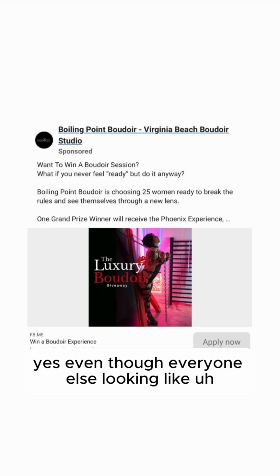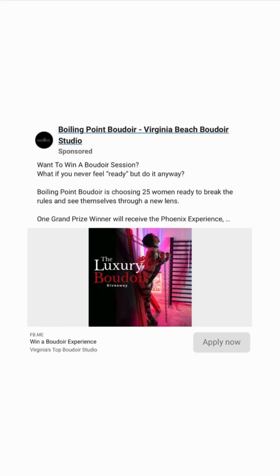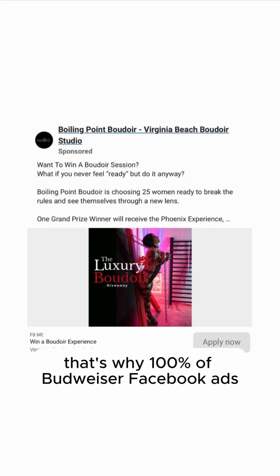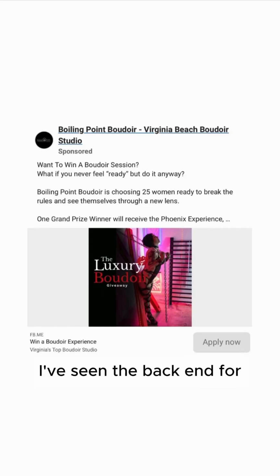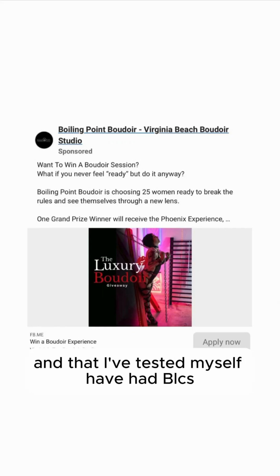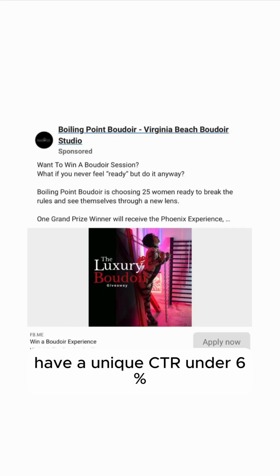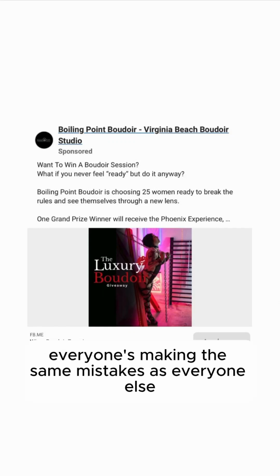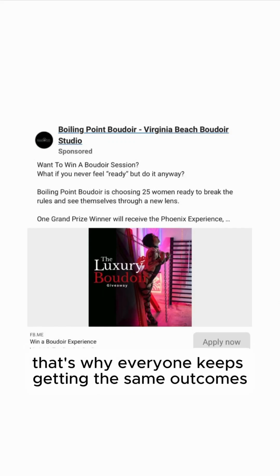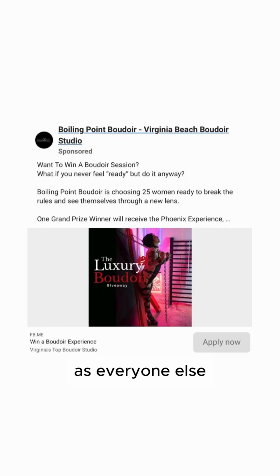Yes, even though everyone else's boudoir Facebook ads look like that, 100% of the boudoir Facebook ads I've seen the back end for and that I've tested myself have had BLCS, Boudoir low click syndrome, a unique CTR under 6%, because everyone's making these same mistakes as everyone else. That's why everyone keeps getting the same outcomes as everyone else.